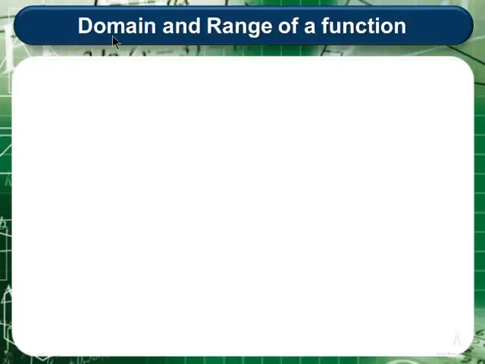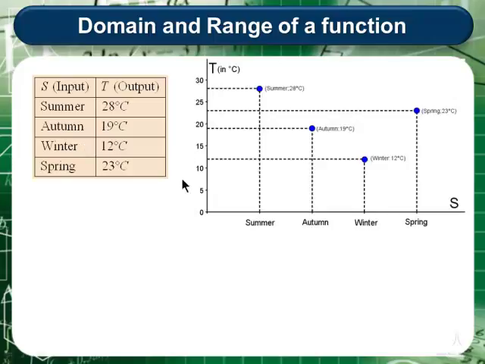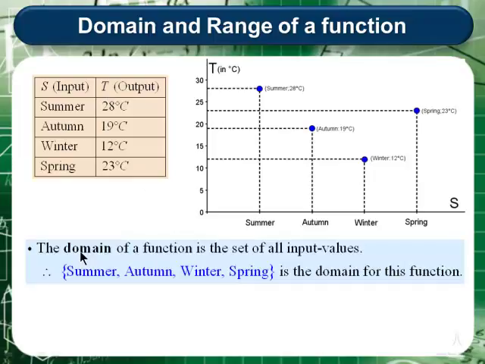What do we mean by domain and range of a function? Consider the example where we can model it by means of a table or a graph, where we have the relationship between the seasons and the corresponding temperatures. Then the domain of the function is the set of all input values, in other words, all the 4 seasons.